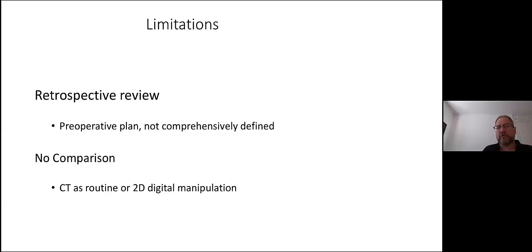But it was not a really scientific study. We could have done it a lot better, but it was just to see a little bit like a pilot. It was not really fair because we compared the 2D to the CT. Some of the cases I would have done a CT anyway, even if I wouldn't use the 3D technique.